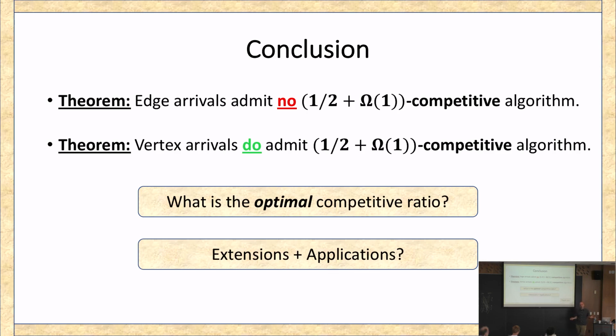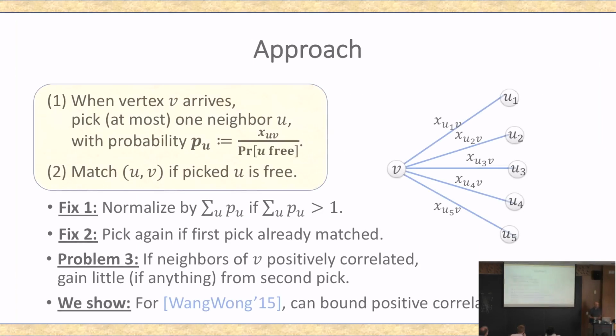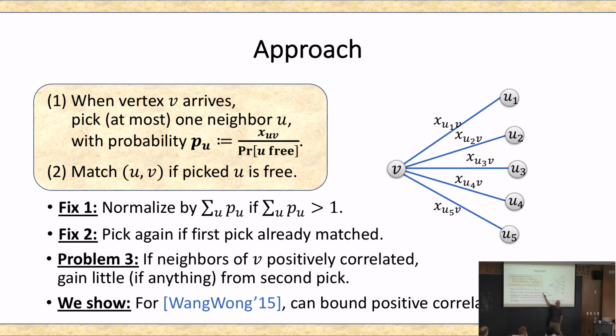They gave a family of algorithms and then spent a non-negligible part of their paper optimizing parameters in a methodical way, and not just parameter hacking. And basically we picked one of these algorithms. Let me go back to this. Remember our first step, we said, let's round by the sum of these p_u's, which I'll basically have be x_uv over 1 minus the sum of the previous x's.